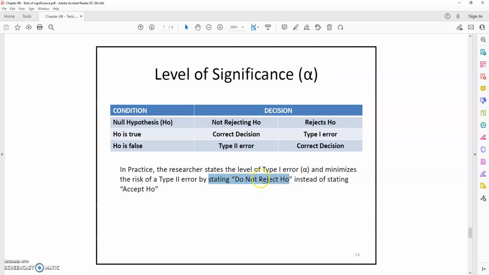By stating not rejecting the null hypothesis, we're protecting our reputation if something were to change, rather than saying the null hypothesis is good. Same thing with the optometrist, with the eye example. He or she could basically say that this person appears to have sufficient eyesight. Or based on our latest tests and technology, this person has sufficient eyesight. Rather than saying this person has perfect eyes, that everything is good.